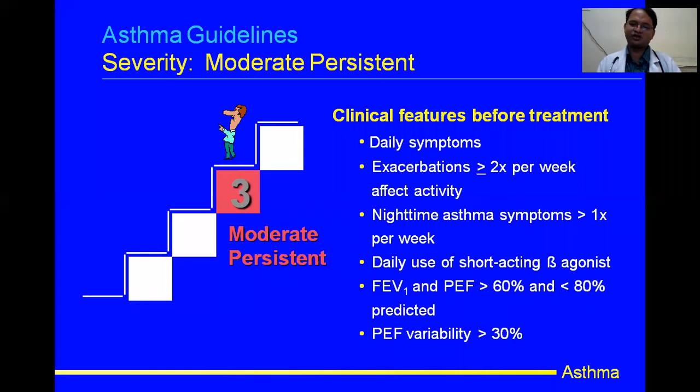The patient uses daily short-acting beta-agonists like salbutamol, terbutaline, and the FEV1 and the PEF both range between 60 to 80%. That is, it will be less than 80%, but above 60%. The PEF variability will also be more than 30%.